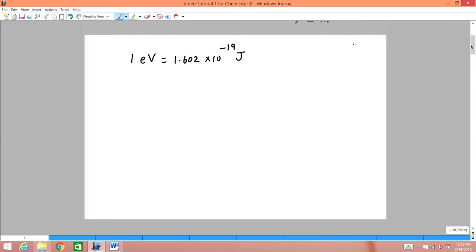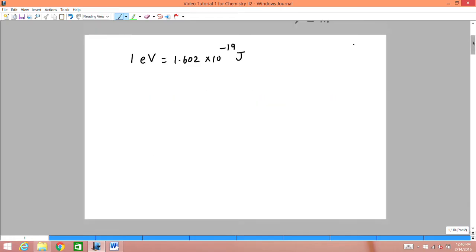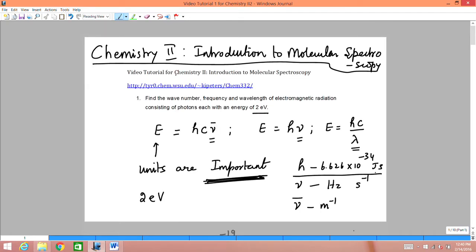So if you remember that, then everything else is known to you. h is given, c is given, therefore nu bar can be calculated. h is the Planck's constant, already written down here as 6.626 times 10 raised to minus 34, and the speed of light, for this calculation you can use the approximate value 3 times 10 to the 8 meters per second. So everything is given, therefore you only need to calculate the quantity nu bar.